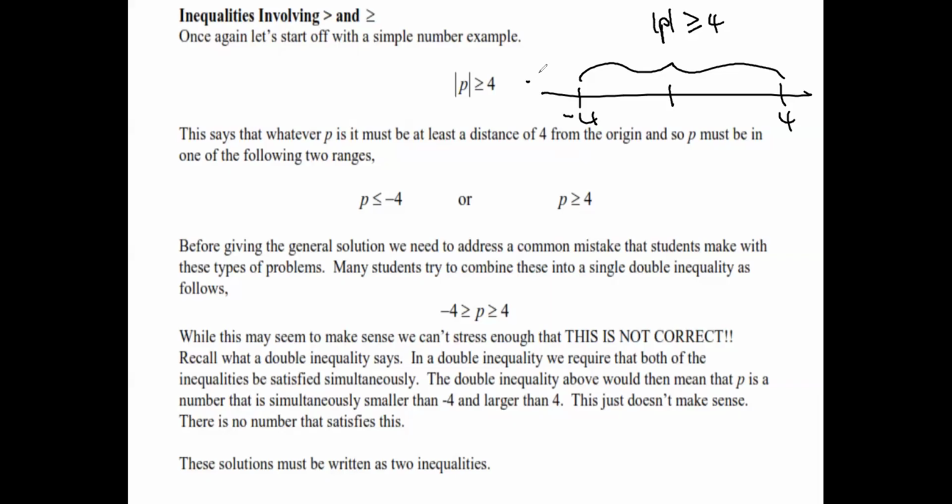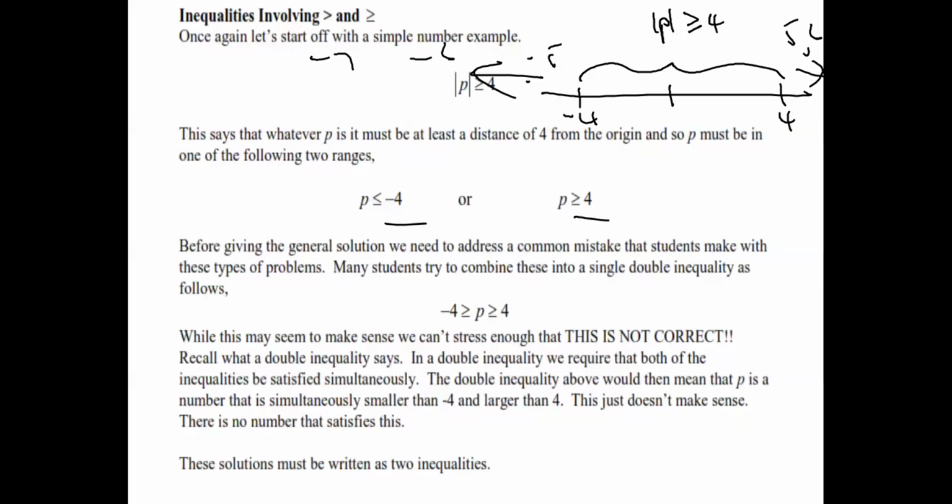P has to be a number outside here or a number outside here. That's what this is saying. P has to be something like minus 5, minus 6, minus 7, and so on, or 5, 6, and so on. It has to be outside of that interval, minus 4 to 4.